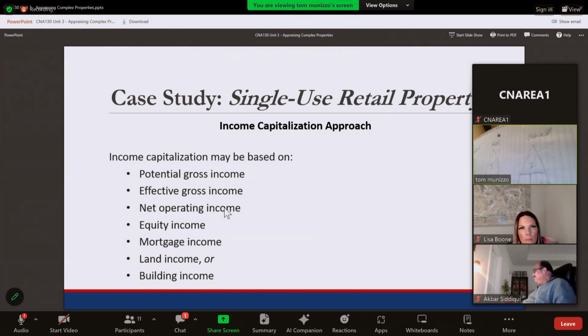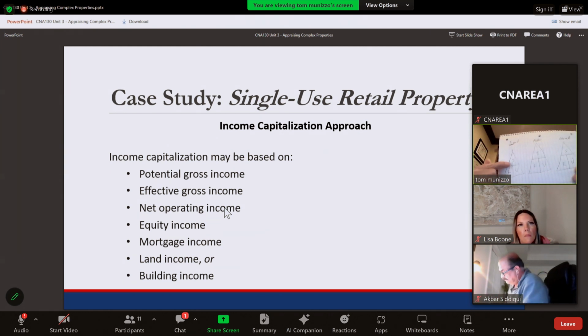So if you get some whacked out question that says the income to the land was X amount, you come to land and you plug in income for the land right here. And then if it says the value of the building was $400,000, you come over here and plug in $400,000.